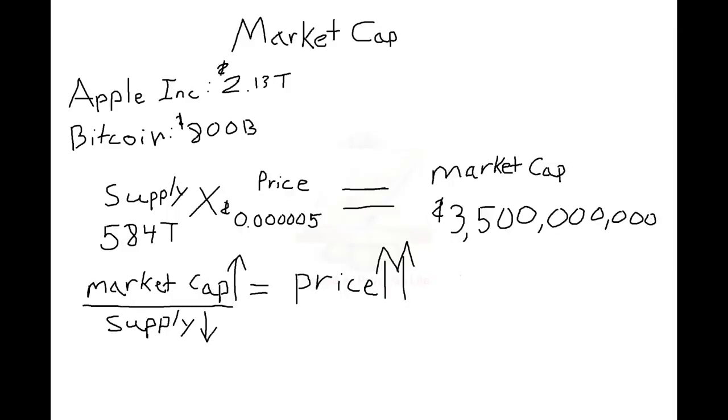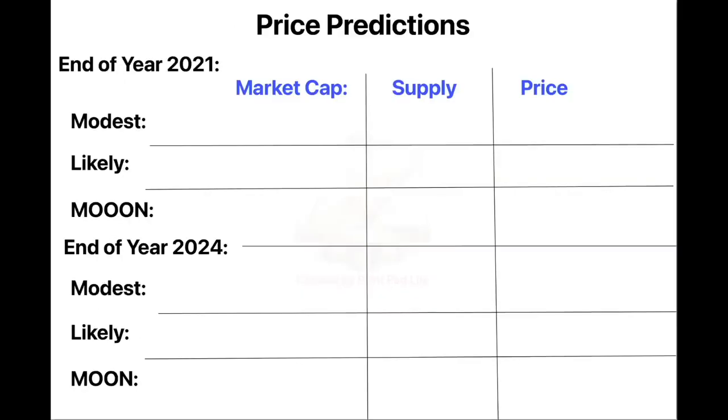predictions are actually possible. Okay, so again, for my end of year price predictions, I have 3 categories: modest, likely, and moon. Modest being the modest approach, likely being what I believe will probably happen, and the moon being what I would want to have happened, but I'm not going to throw all my eggs in that basket.